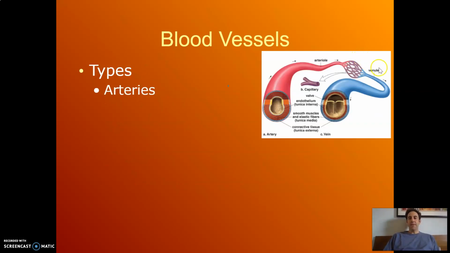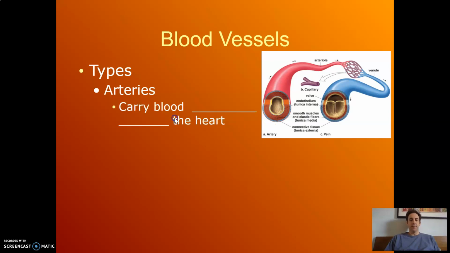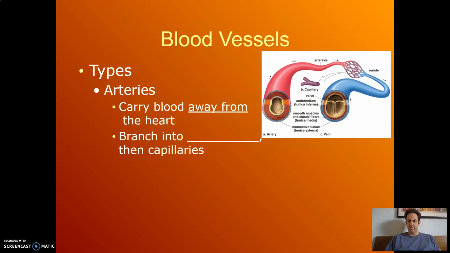Well, the capillaries are kind of in the middle of the other two types of blood vessels. So the next major type is an artery. Arteries carry blood. You may remember this from bio last year. Arteries go away from the heart, and think artery away, AA.